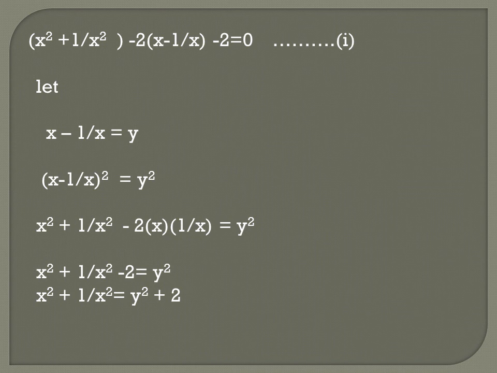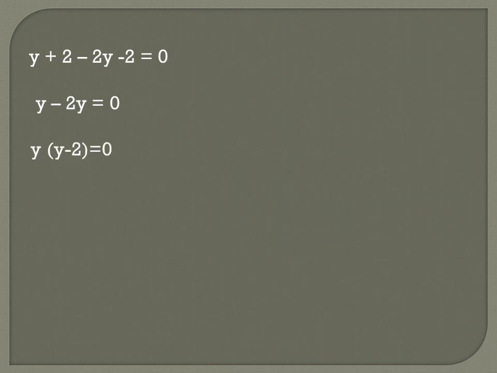Put the values of x square plus 1 over x square and x minus 1 over x in the first equation, which will give us y square plus 2 minus 2y minus 2 equal to 0. By solving the same terms, we can write y square minus 2y is equal to 0, and here we take y common from the two terms, and in the bracket we are left with y minus 2, which is equal to 0.